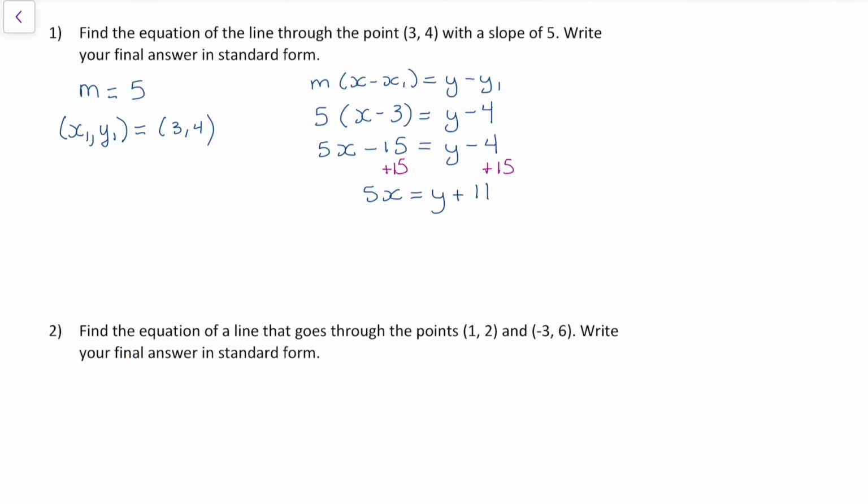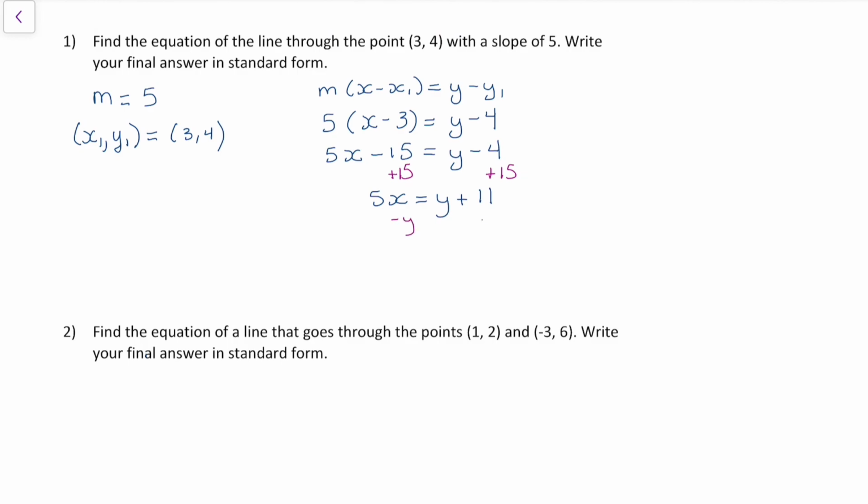And then I'm going to subtract y in order to get it back over to this side. And I just double check, do I have whole numbers? Yes. Is my first one positive? Yes. So my final answer is 5x minus y equals 11.